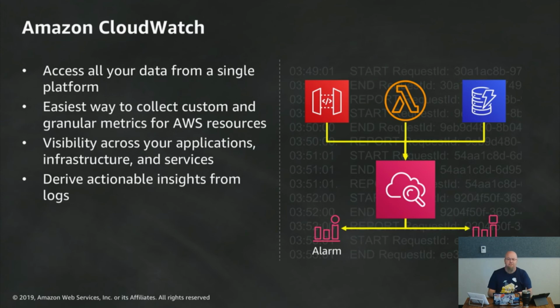And I say custom because you don't have to just take the system's pushing data to CloudWatch, but you can also push data to CloudWatch, to trigger events, to trigger alarms, all kinds of things. It's visible across your applications, infrastructure, and services. And you can derive actionable insights from logs.